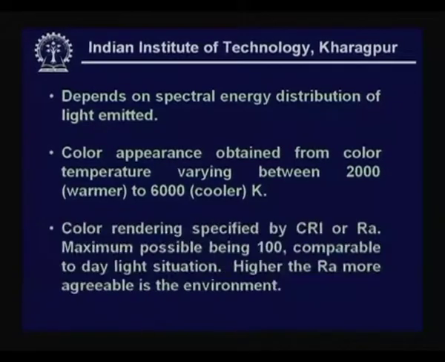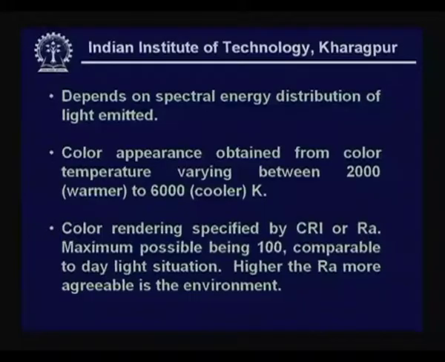Remember, this color temperature was mentioned for the good quality radiator, which, if maintained at that temperature, gives a similar color. Color rendering, as already mentioned in the earlier lecture, is specified by the color rendering index, or CRI, abbreviated as Ra. The maximum possible value is around 100, on a basis of comparison to a daylight situation. The higher the Ra, the more agreeable the environment.